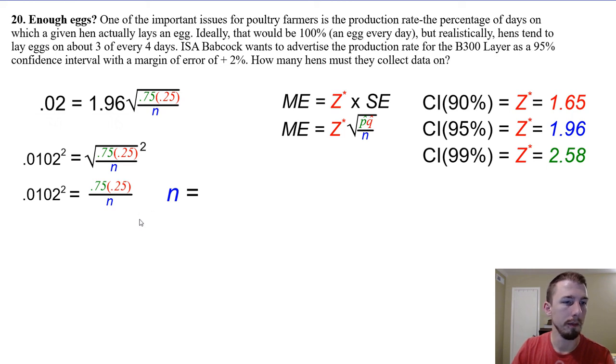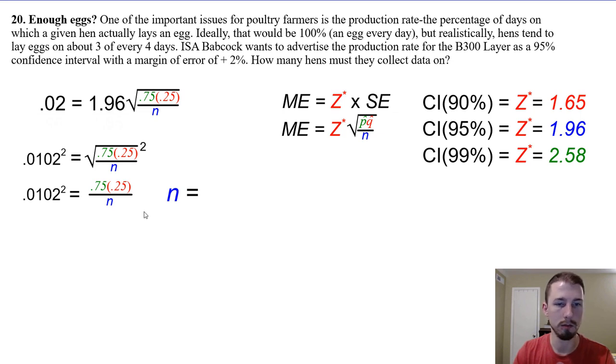Number 20, Enough Eggs. This is how many hens they need to collect data on. So what should our sample size be on this one? One of the important issues for poultry farmers is the production rate, the percentage of days on which a given hen actually lays an egg. Ideally, it would be 100%, meaning that they lay an egg every day. But realistically, hens tend to lay eggs about 3 out of every 4 days.